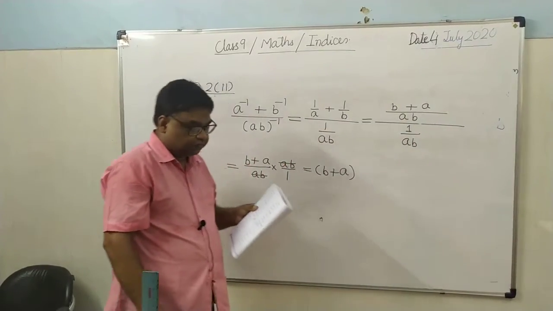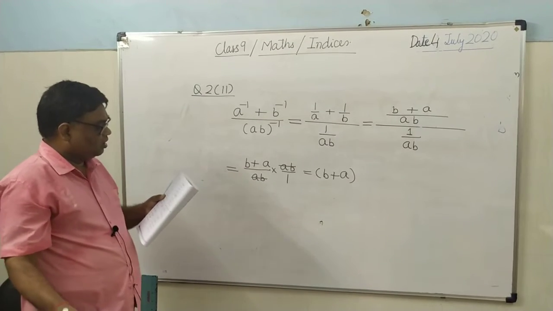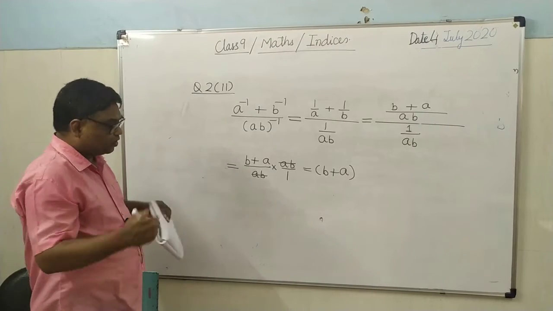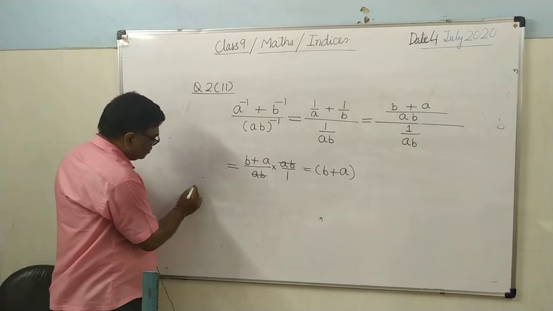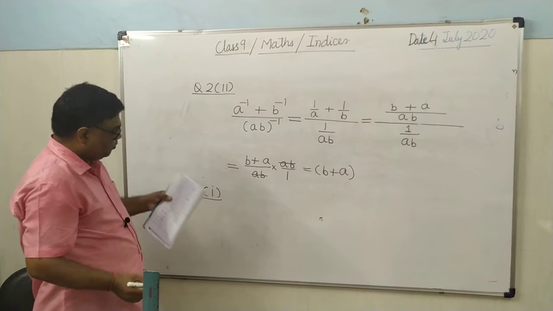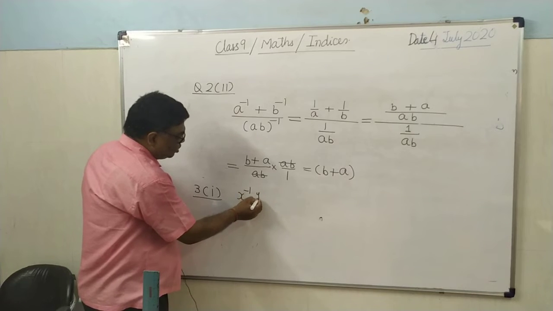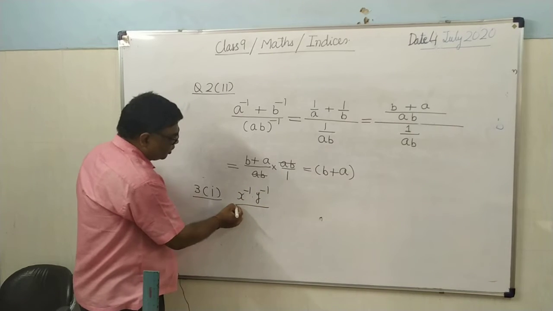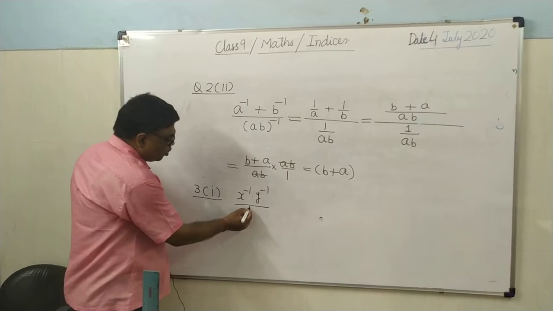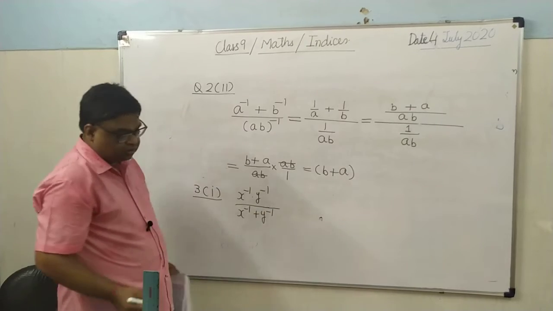Now see question number 3, first part. It is also of the same type: x to the power minus 1 into y to the power minus 1, divided by x to the power minus 1 plus y to the power minus 1.